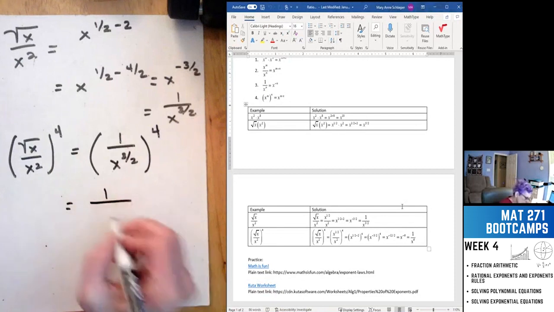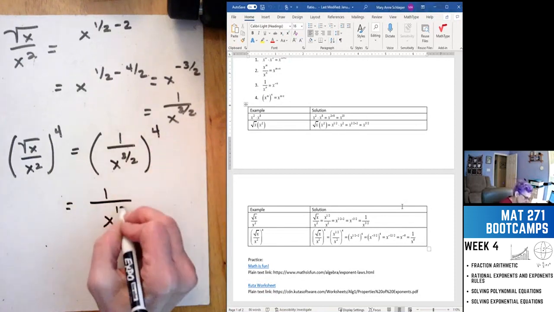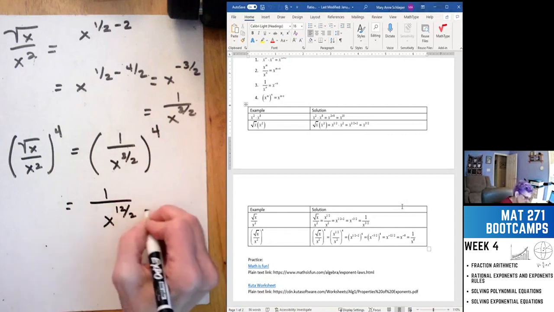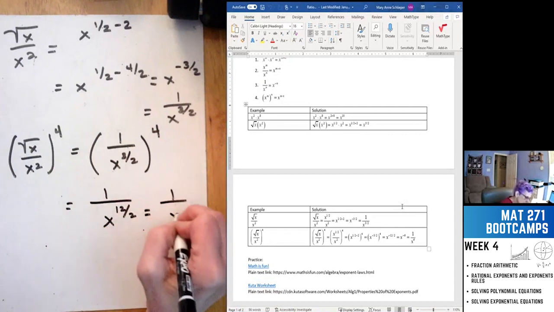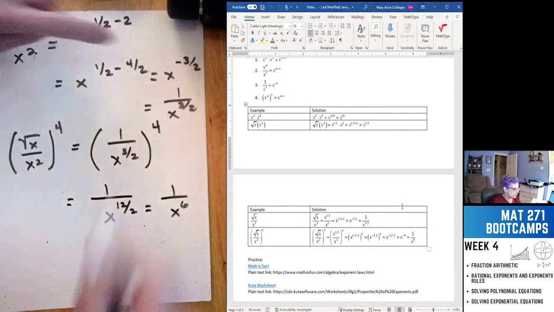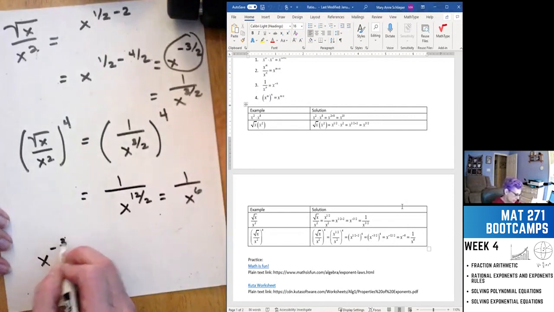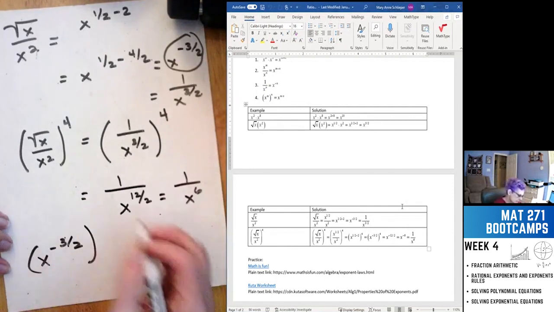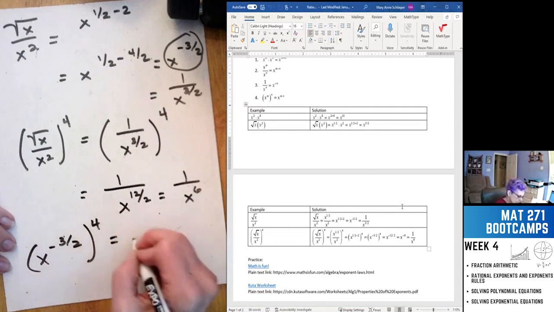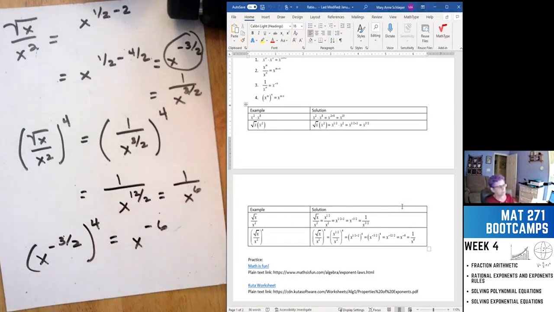So that would be 1/x, 4 times 3 gives me 12/2, which is x to the 6th power. Or you could have done it with this one, x to the minus 3/2 to the 4th is x to the minus 6th power.